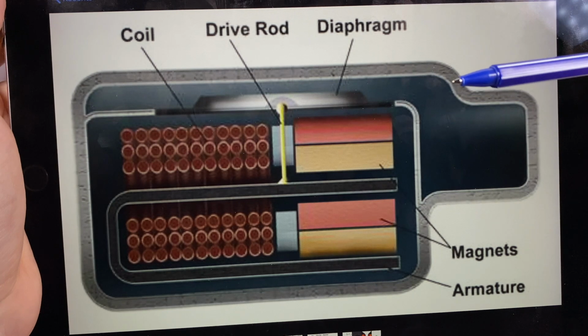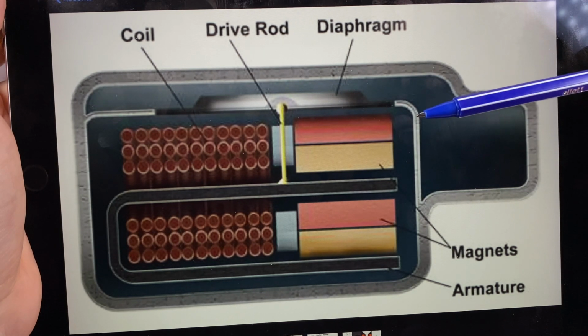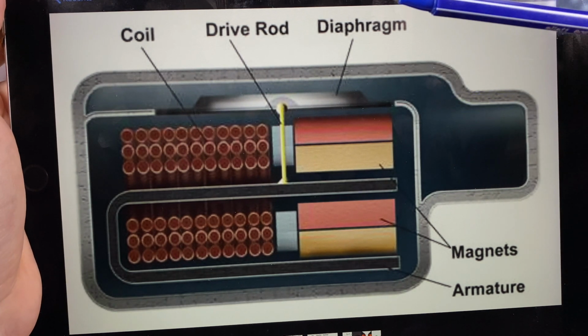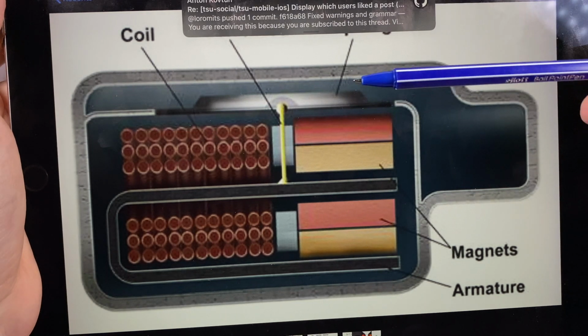And the second minus is that balanced armature drivers usually have a really uneven impedance curve, especially when some crossover is involved.